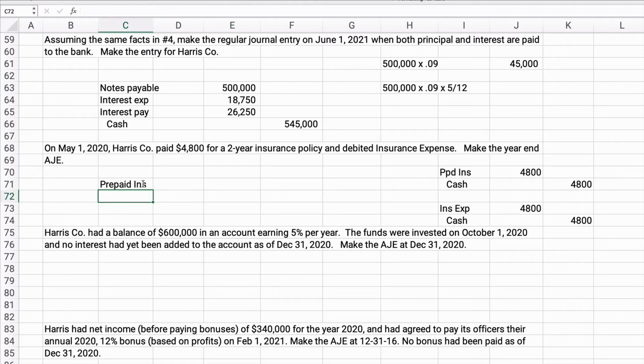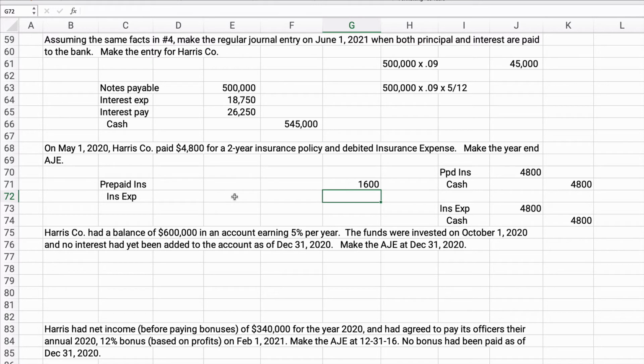And we're going to credit insurance expense. Well, $4,800. So it's $200. Let's figure out the amount. $200 times 8 months, so $1,600 is what the expense should be. We've expensed all $4,800.